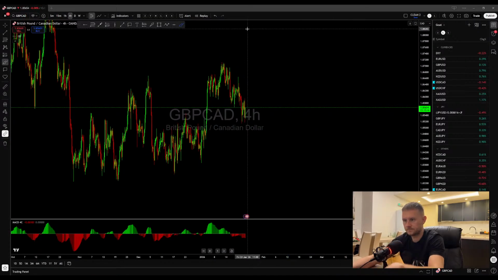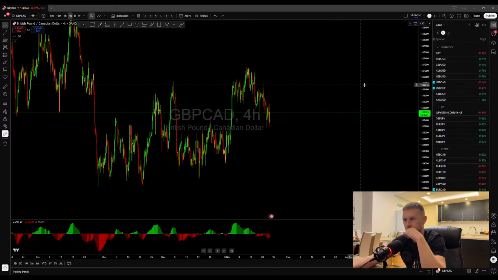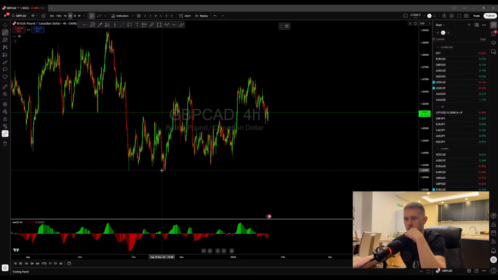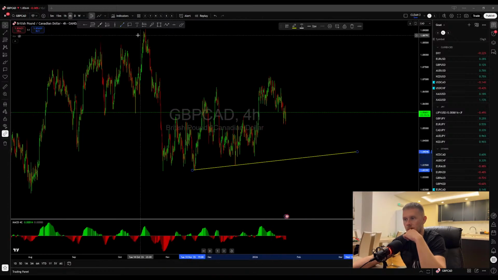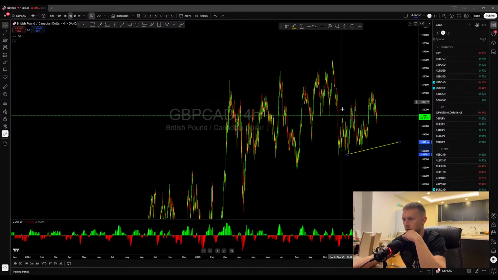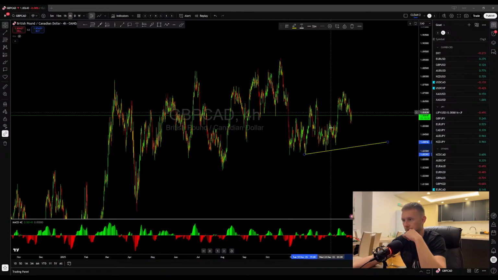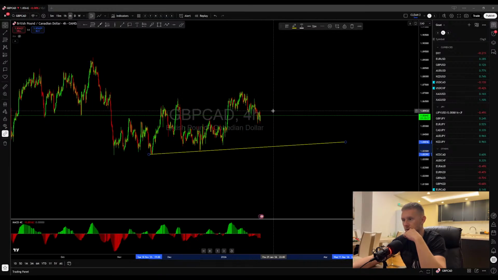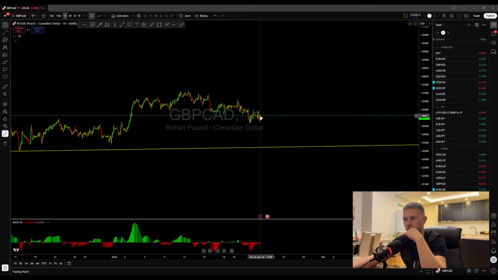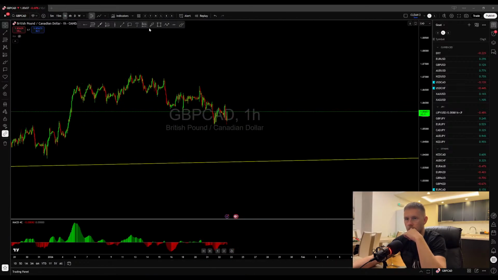Pound CAD. We are about to go lower. This is pretty much corrective structure. We have an impulse. This is not a correction, and we are heading to the downside. This is a solid correction.